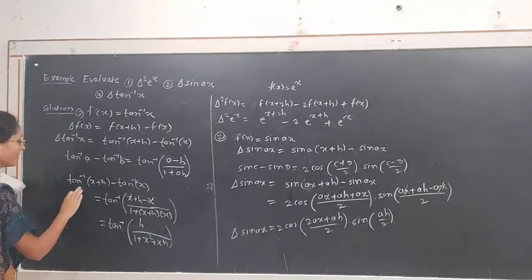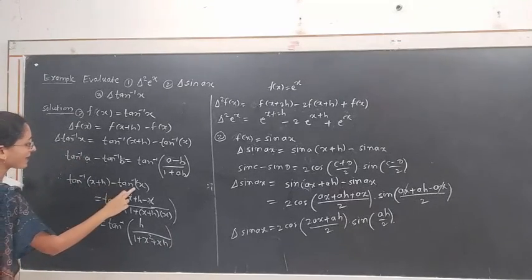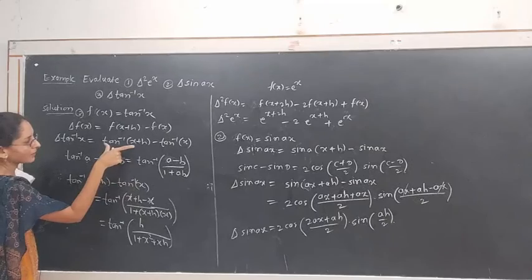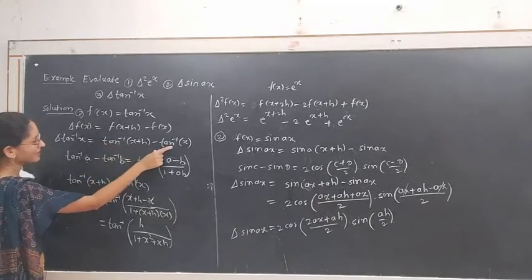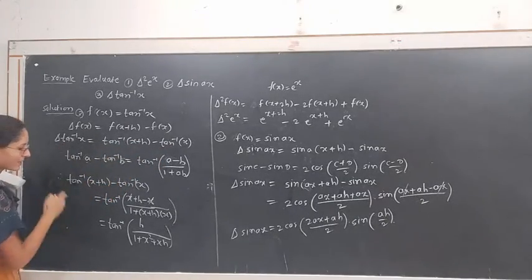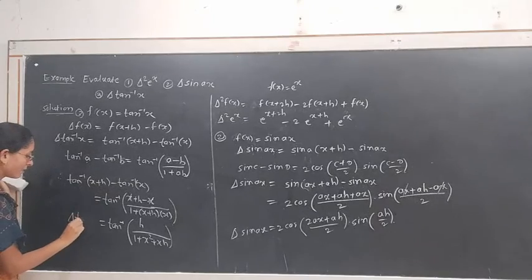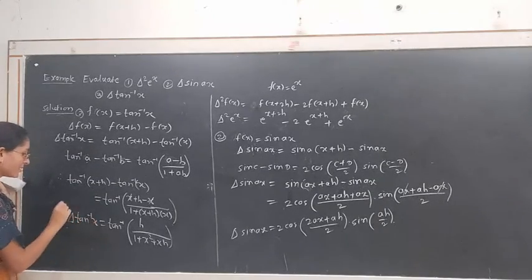This is the difference, tan inverse of x plus h minus tan inverse x. But tan inverse of x plus h minus tan inverse x is del tan inverse x. Hence, del tan inverse x is this value.